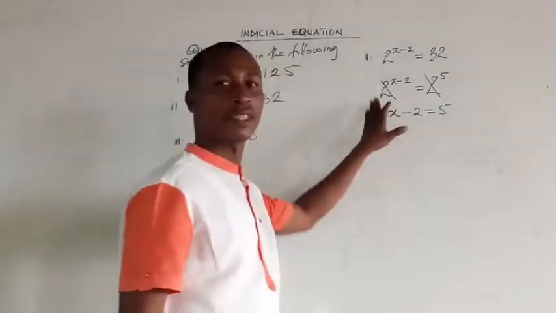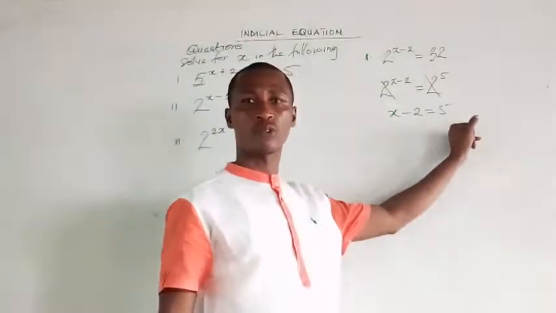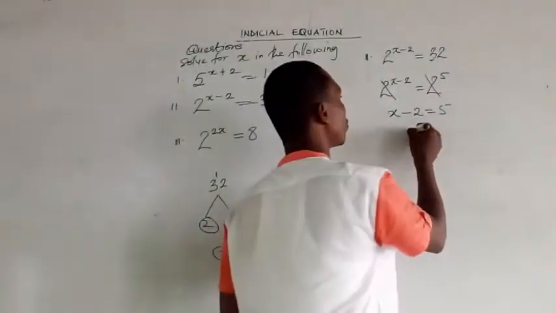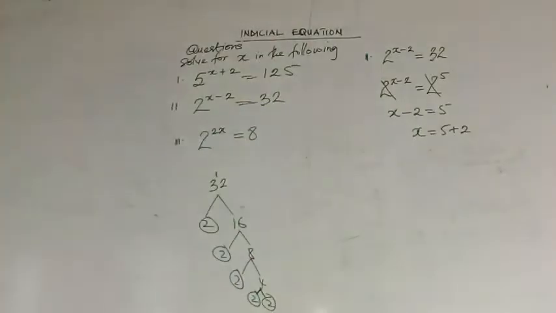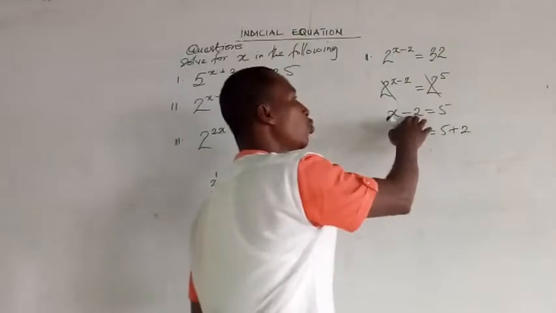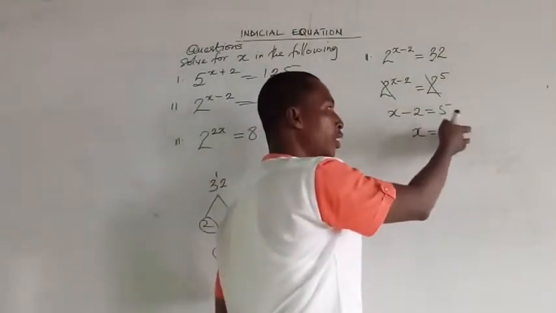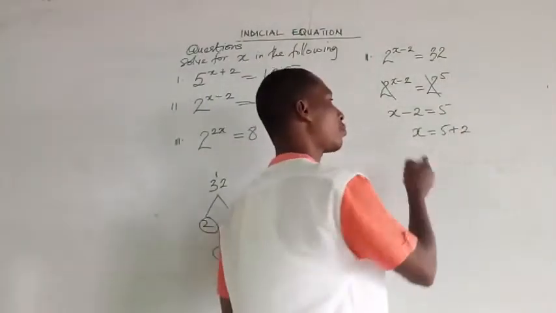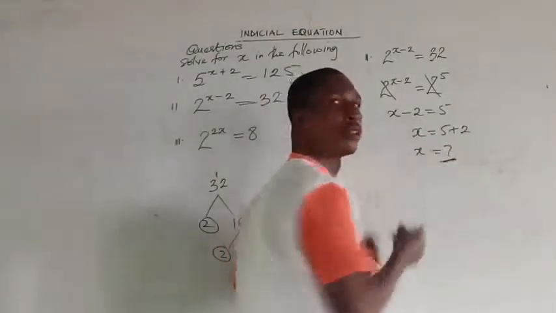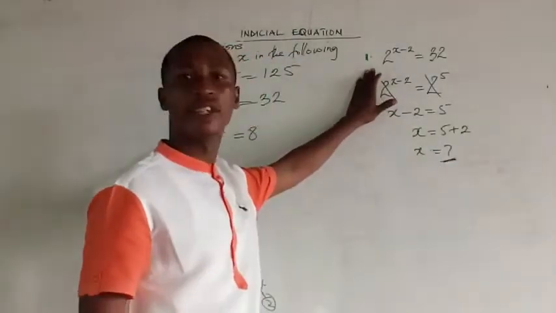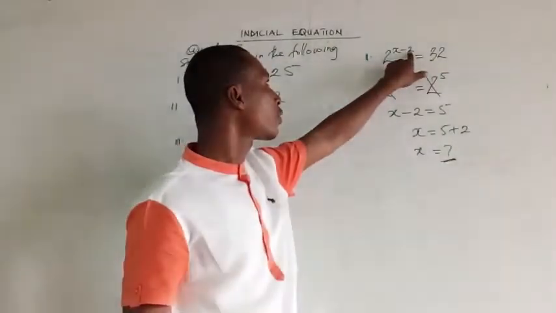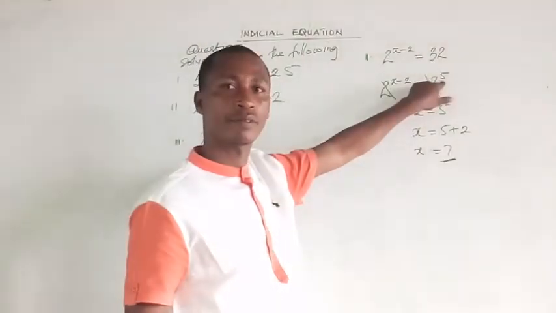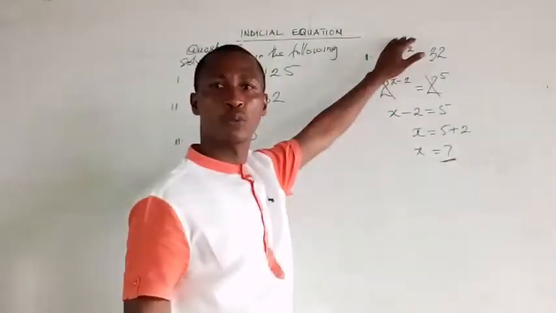Make x the subject by letting 2 cross the equal sign. We clearly see that the 2 is negative. When it crosses, it becomes positive. So 5 plus 2 will give me 7. So if x is equal to 7, then the equation is correct. Because it's only when x is 7 that when I subtract 2 from it, I will get 2 to the power 5. So when you finish, you can just put it back.